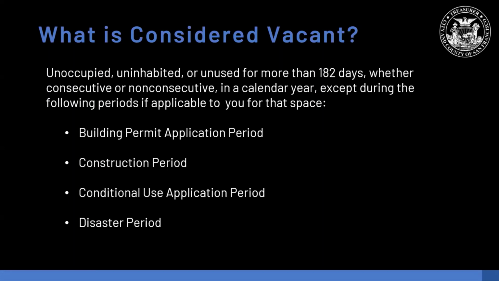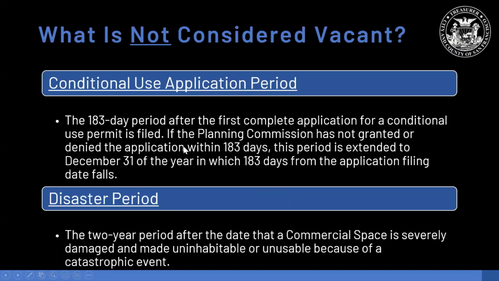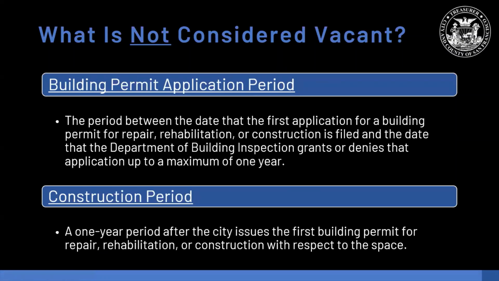Commercial space will not be considered to be vacant during the following periods: building permit application period, construction period, conditional use application period, and disaster period. Let's go over each of these periods.